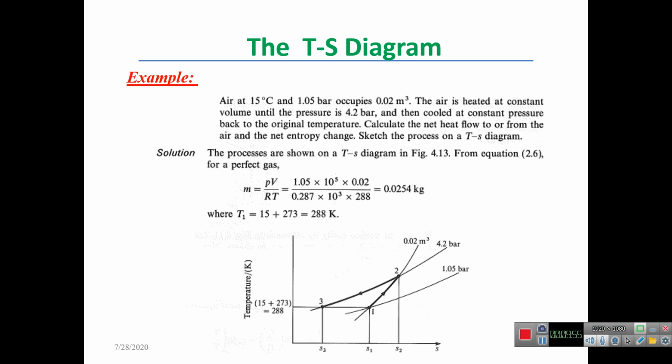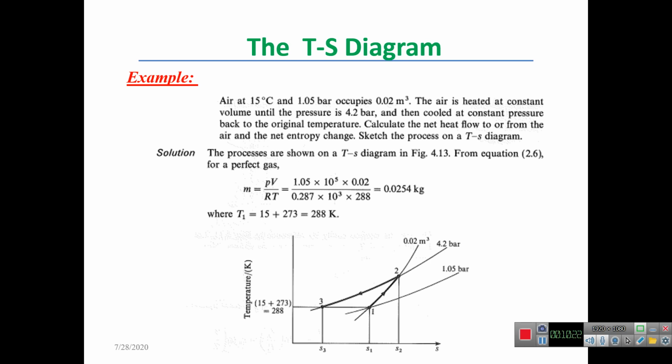And also on this diagram, we have two constant pressure lines: the pressure line which passes through point 1, which is 1.05 bar pressure, and the pressure line which passes through points 2 and 3, where the pressure is 4.2 bar.